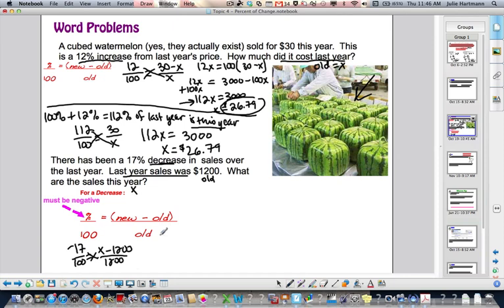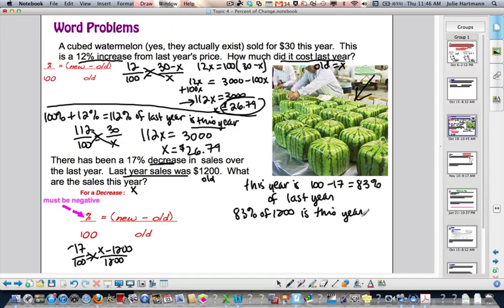The other way to look at that is to say, 17% decrease, so this year is 100 minus 17, is 83% of last year. So 83% of 1200 is this year's.